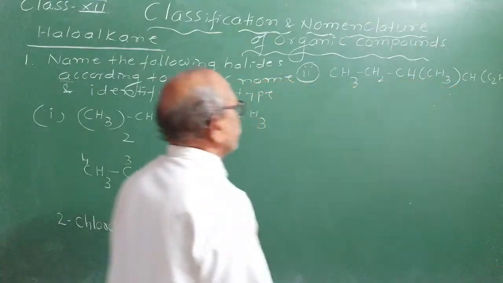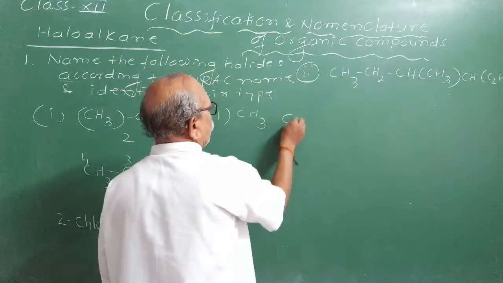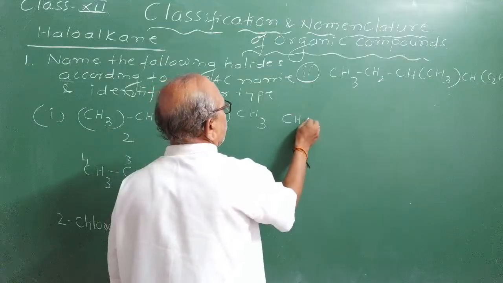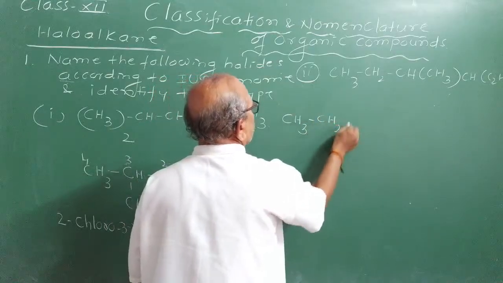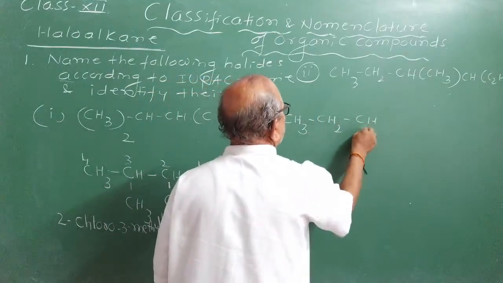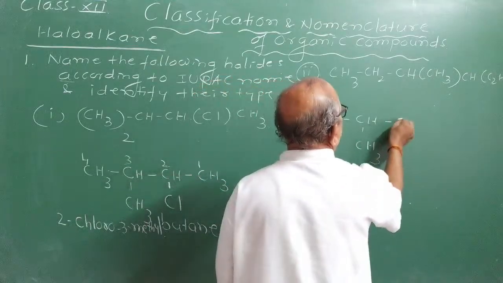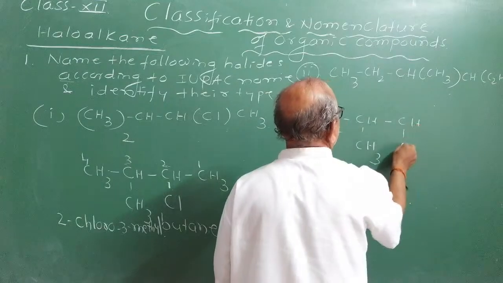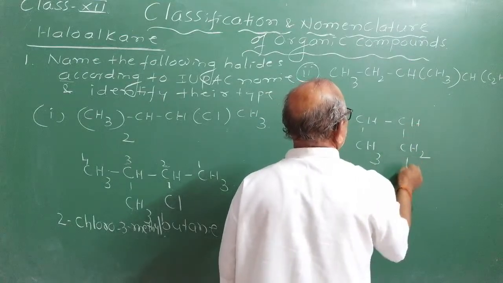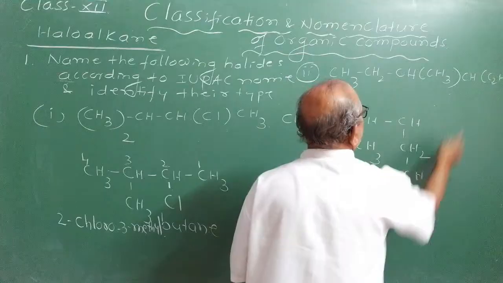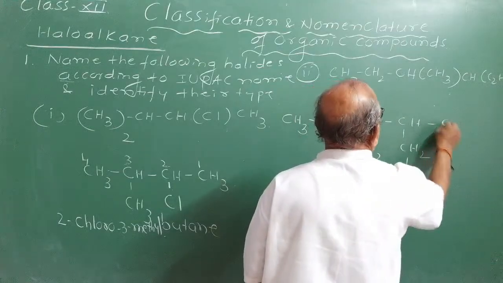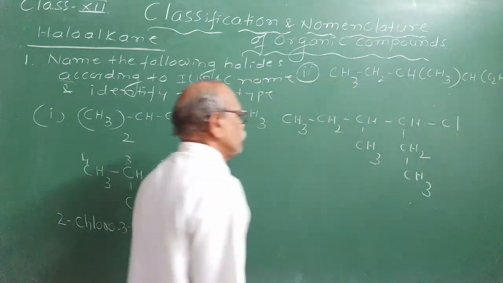Let us write it in the correct order so that we can name it systematically. CH3, CH2, CH, CH3. Then you have CH. C2H5 means CH2, CH3. And a chlorine atom is linked to it.